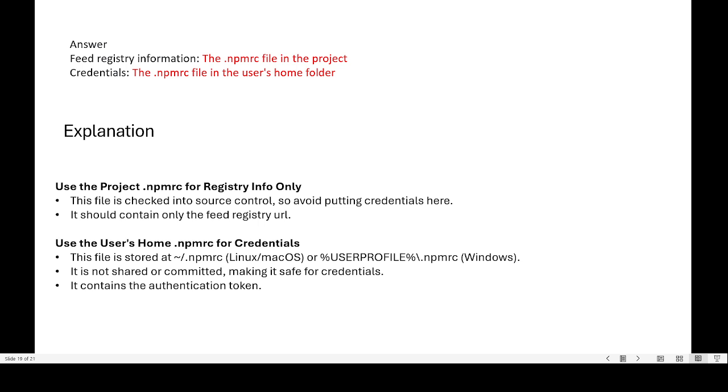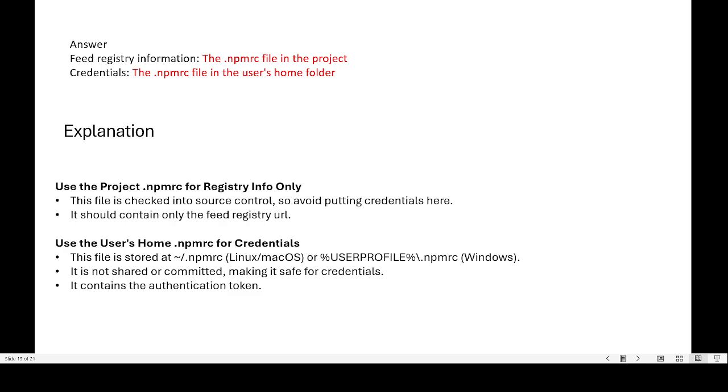This file is checked into source control, so avoid putting credentials here. The .npmrc file that is part of the project will be committed to git, or your version control system. So we are not going to put credentials there, right? But it has the registry URL for the feed from which we will fetch our packages.